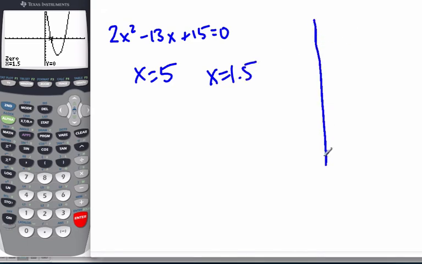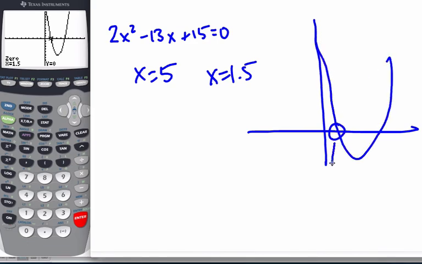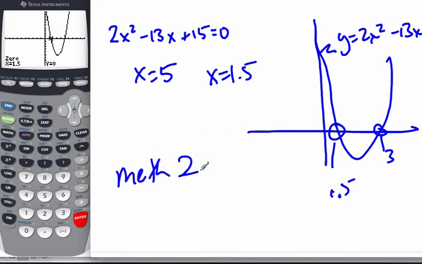And when I do a graphical solution, I should make a quick sketch of the graph. It's just as simple as that, and say this is 1.5, this is 3, and this is the equation y is equal to 2x squared minus 13x plus 15. And that would be a good solution for the graphical approach. That was method 2.